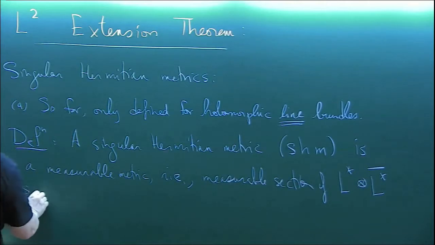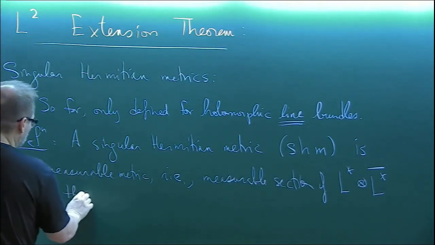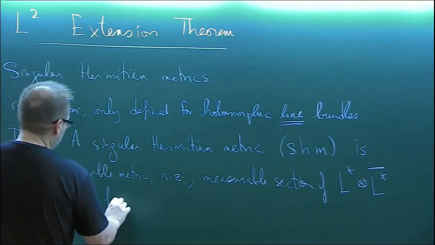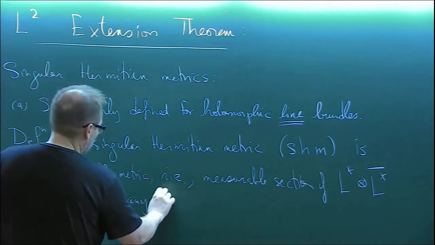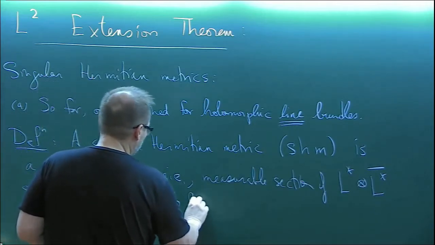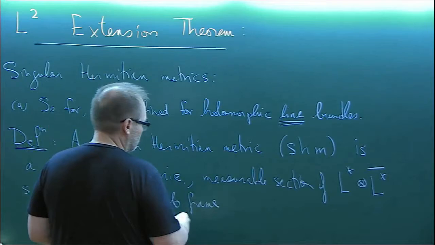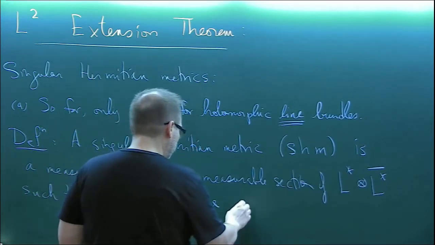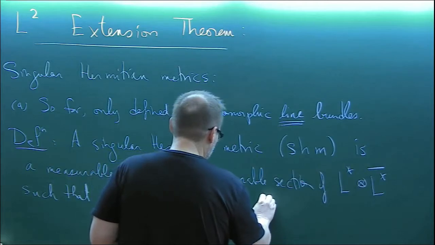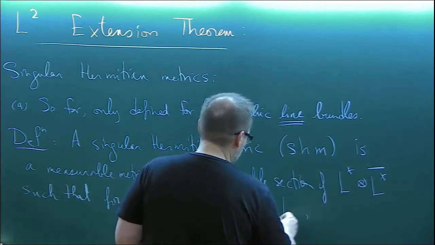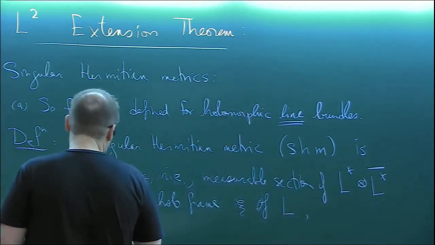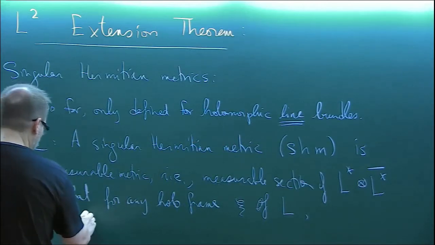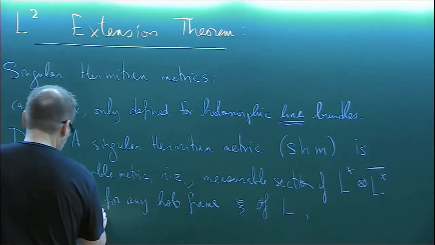So such that for any holomorphic frame, actually you can say smooth frame, but I'll just say holomorphic since we have them, say ξ of L, you get a function, let's call it phi ξ.